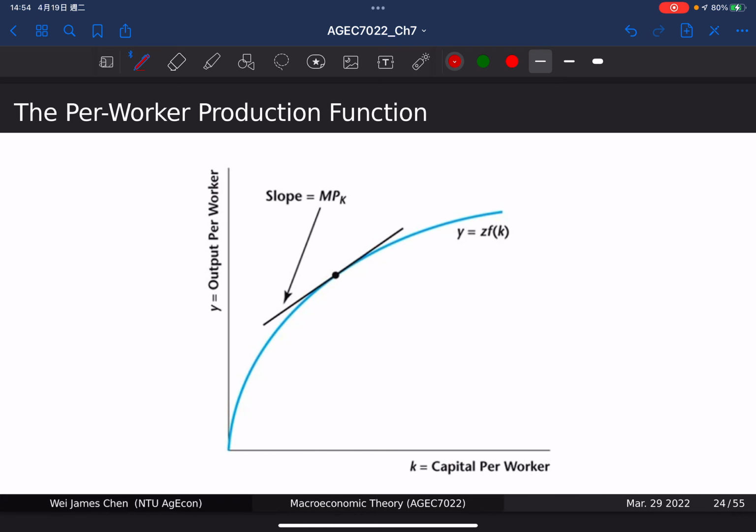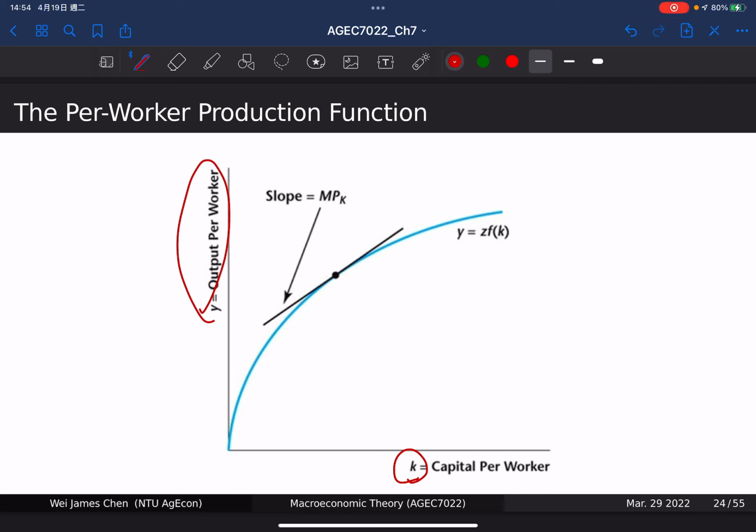Okay, and this is the function for the lowercase y equals z times f of k. Notice that this is a one-variable function, right? So you can draw this on a simple 2D graph, where the x-axis is the capital per worker and the y-axis is the output per worker.